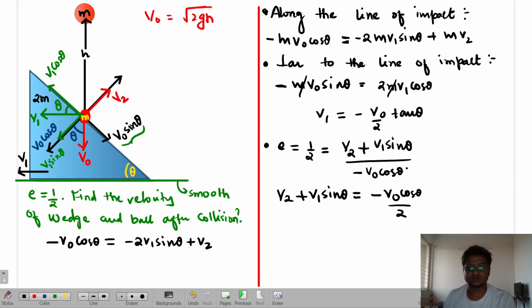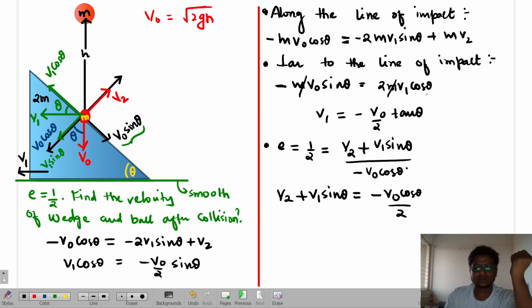Are you able to get me or not? Is that clear? Then you have v0 sin theta as twice v1 cos theta, or you can write v1 cos theta as minus v0 by 2 into sin. This is correct only.